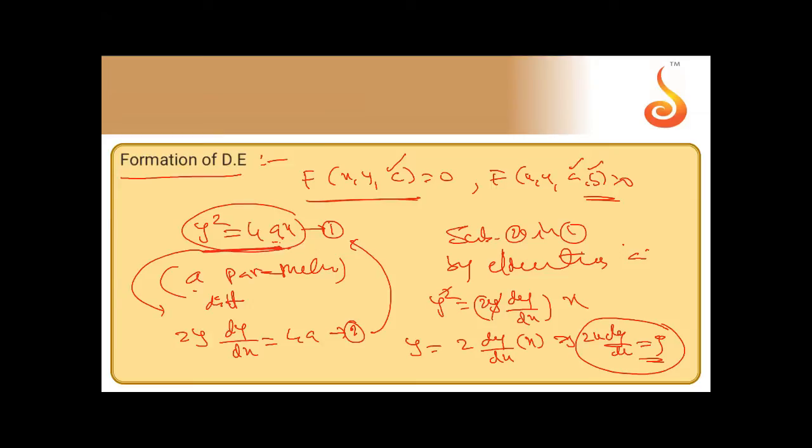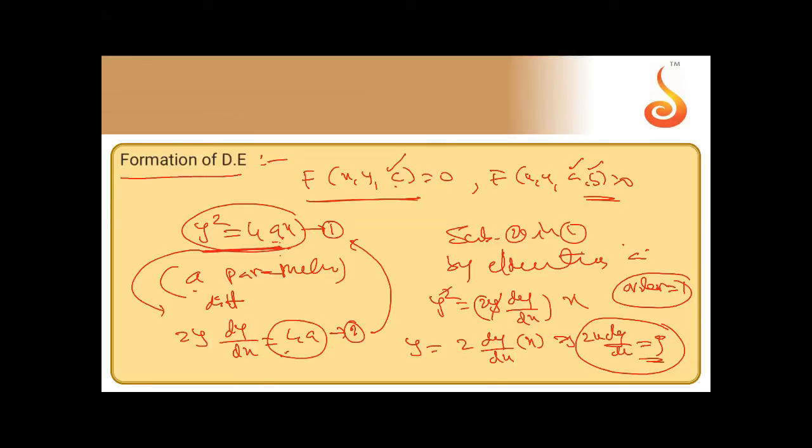And one more point you have to remember here. The number of arbitrary constants is the number of times you can differentiate the given equation. After finding the differential equation by eliminating the constant, what is the order here? Order is 1. That means the number of arbitrary constants equals the order of the differential equation. Since there is only one arbitrary constant, you differentiate only one time; if you differentiate again, the constant becomes 0.